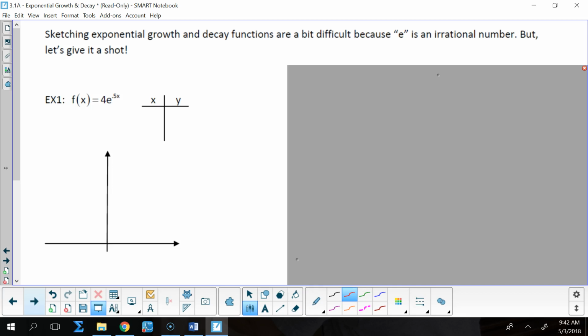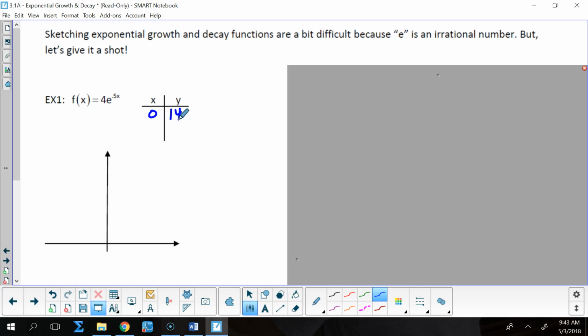What value of x is going to make my exponent be 0? 0 is going to make my exponent be 0. So 0.5 times 0 is 0. E to the 0 power is 1, times 4 is 4.